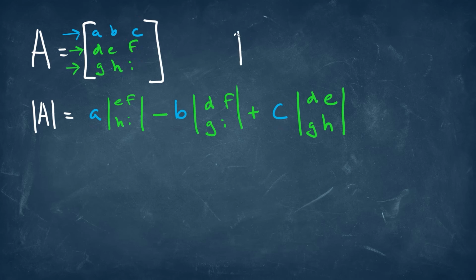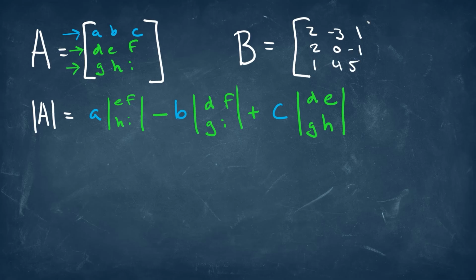So for this example, we're going to have a matrix B, and the values within it are going to be 2, negative 3, 1, 2, 0, negative 1, and 1, 4, and 5.